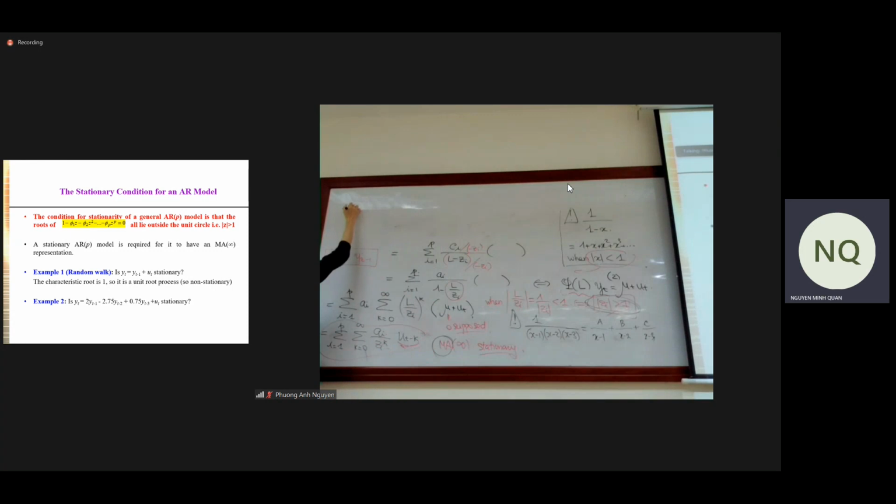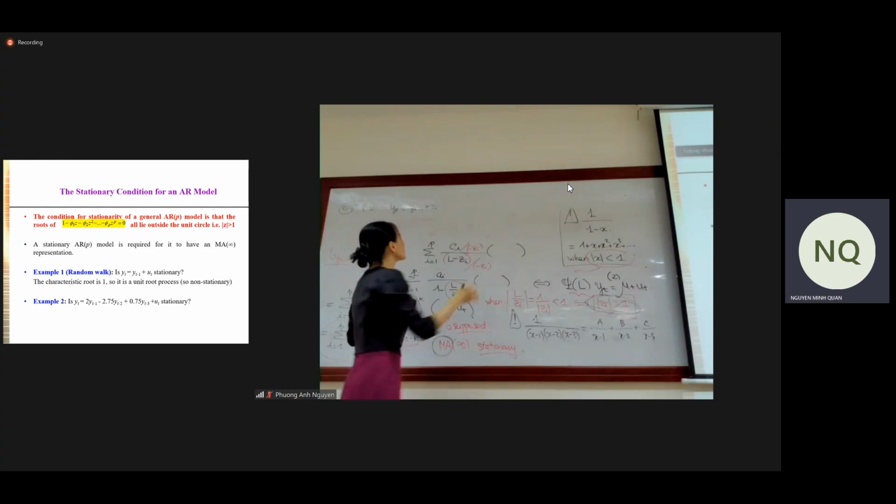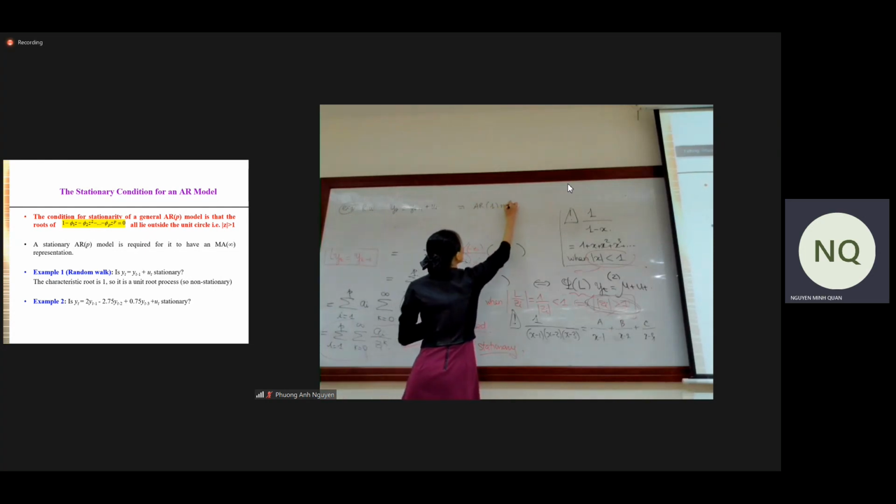So example 1, random walk. y_t equals y_{t-1} plus u_t, where u_t is a white noise process with zero mean. So it has the AR form. First of all, I have to recognize the AR form or MA form. So it is the AR(1) model.